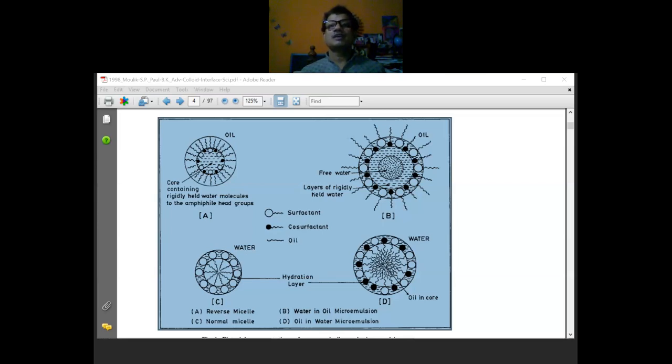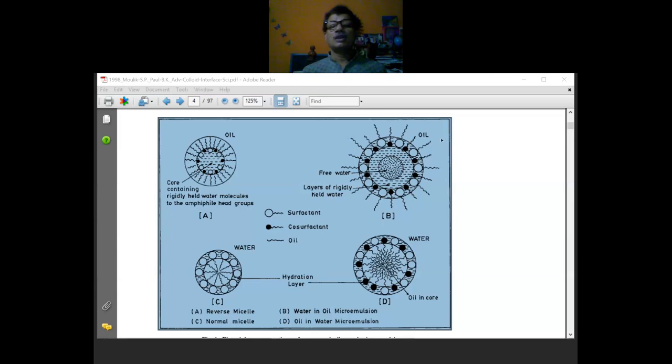And you see sometimes some short chain alkanols or alkyl amines are required because a single tailed surfactant cannot give a complete coverage that can make a protecting layer between water and oil.